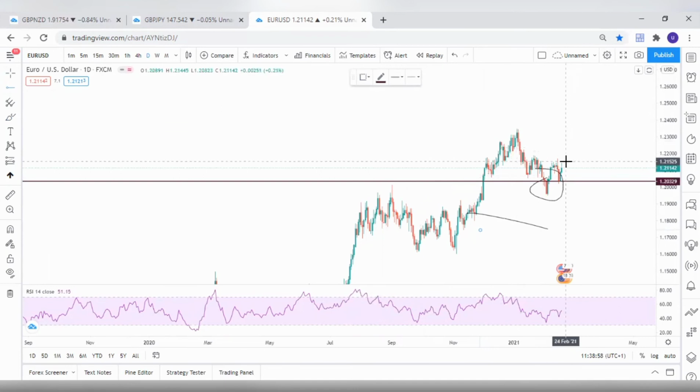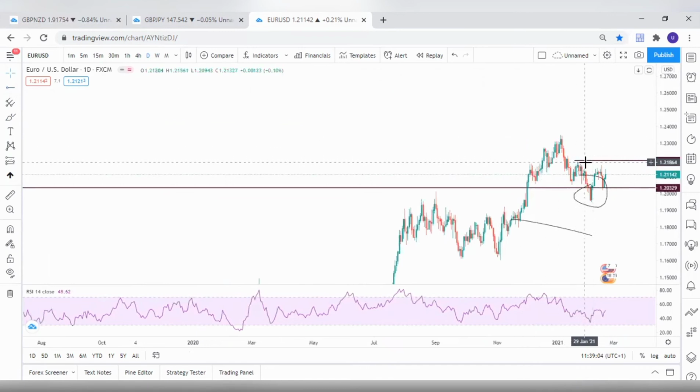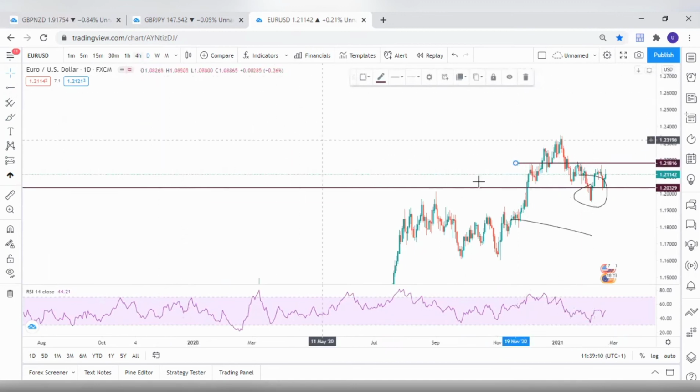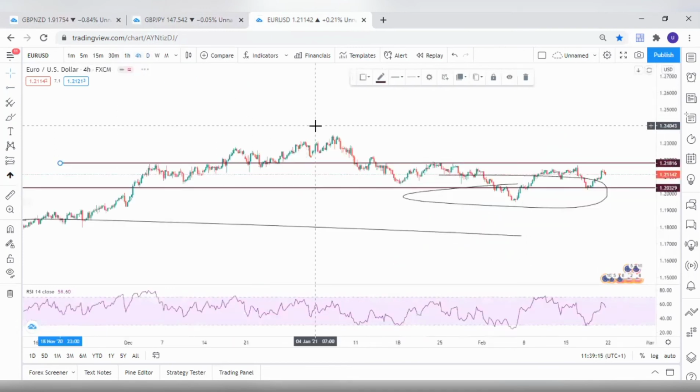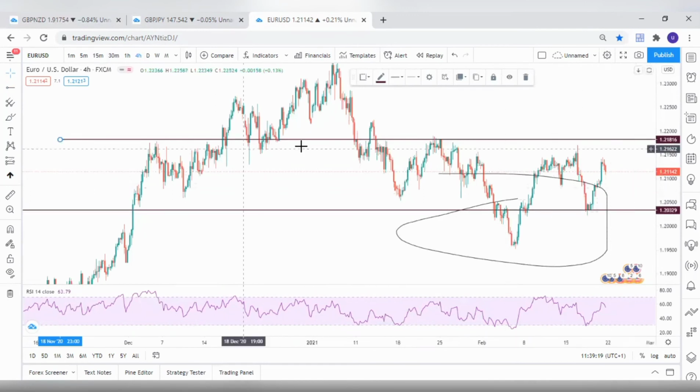As you can see on the daily time frame, there has also been some kind of resistance here. So let's check on the 4 hours time frame. On the 4 hours time frame, this is for quicker entries.